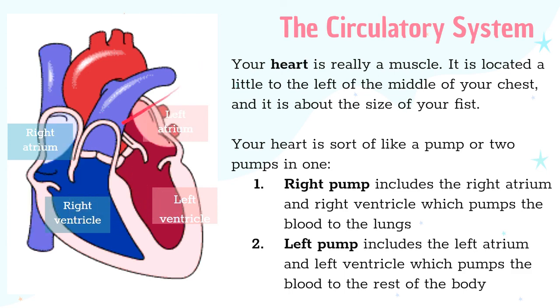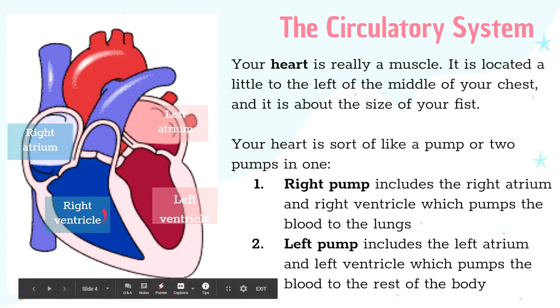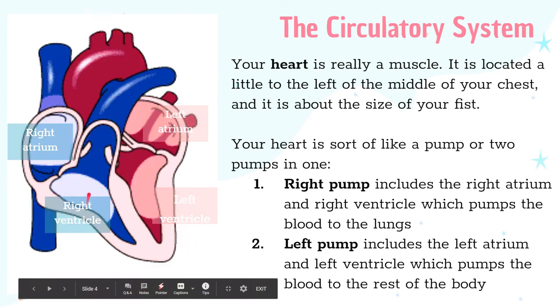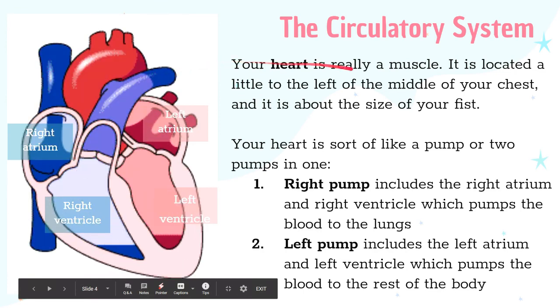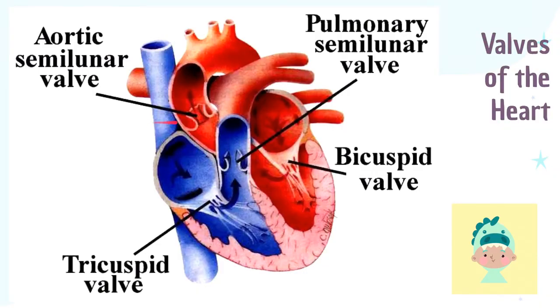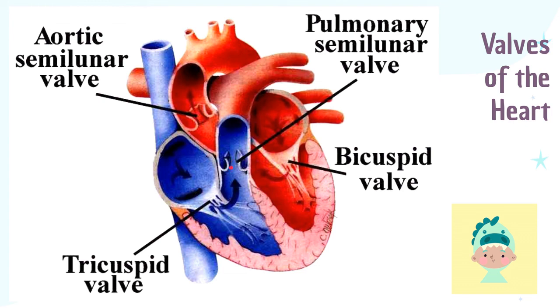So see here, the right atrium pumps the blood. It goes into the right ventricle. When the right ventricle contracts, the tricuspid valve closes so that the blood will only go through the pulmonary artery. Same with the pulmonary semilunar valve. When the right ventricle pumps and the blood passes through the semilunar valve, it closes after the blood has gone through.